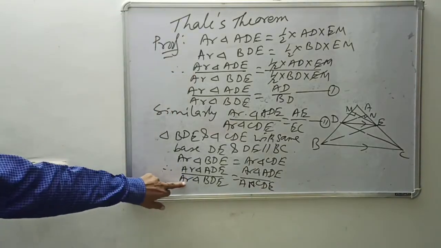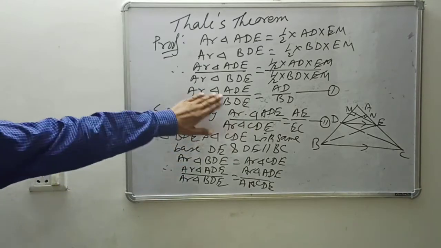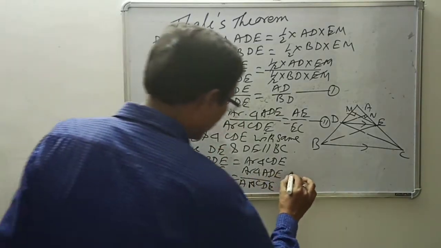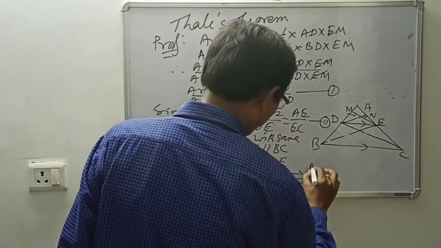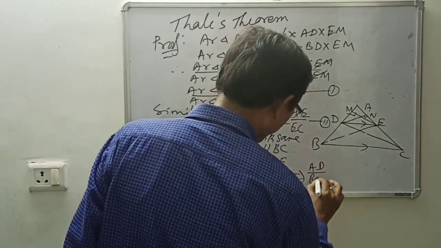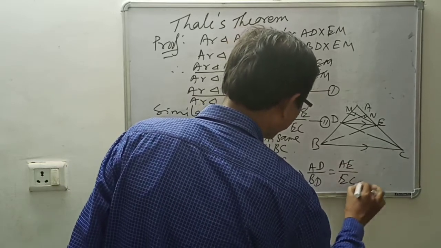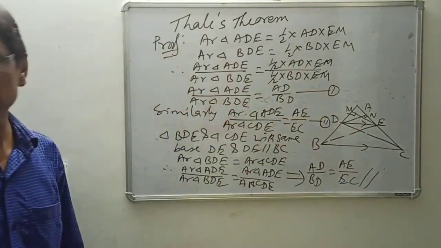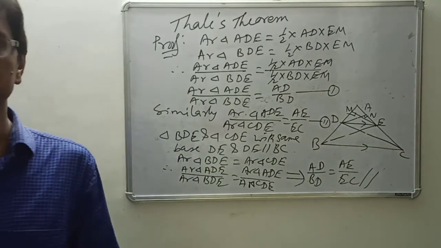So ADE by BDE is equal to ADE by CDE. From there you can conclude that the left sides are equal, so we can say AD by BD is equal to AE by EC. Hence proved.